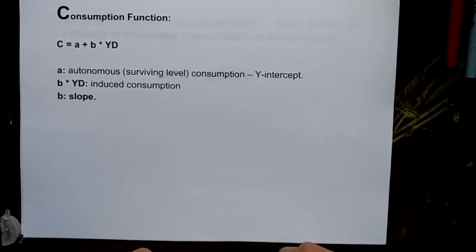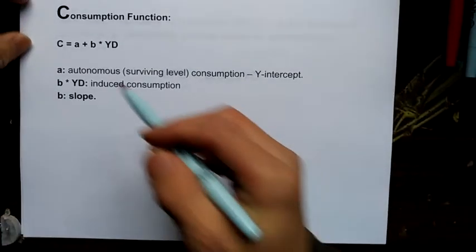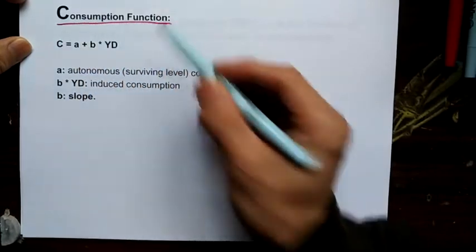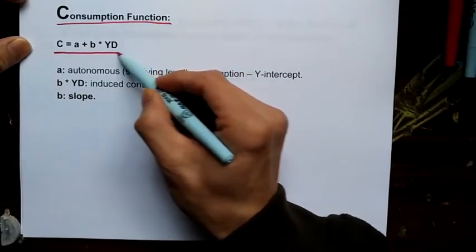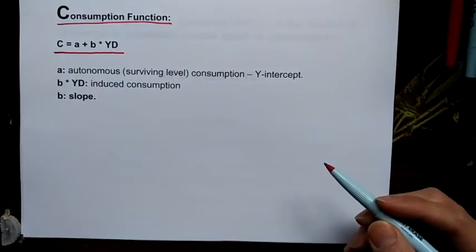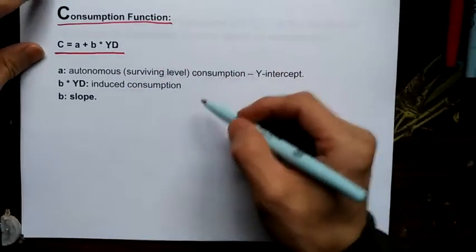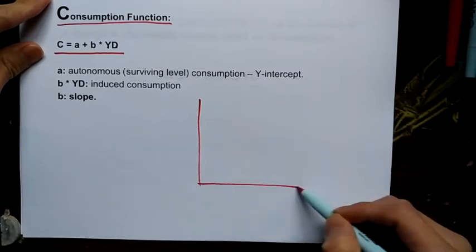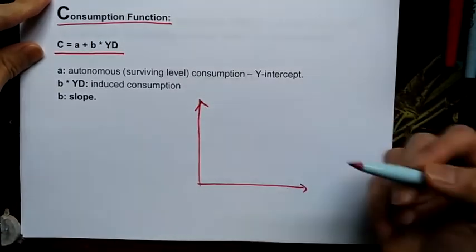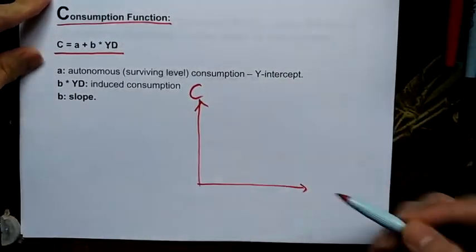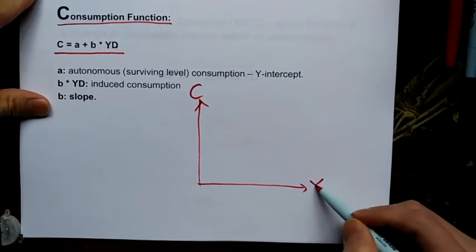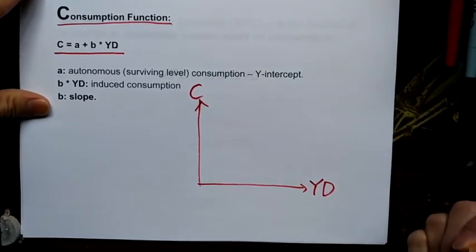With this understanding, if we write consumption function as C equal to A plus B times disposable income, then how do you draw the consumption function? Consumption function says consumption is a function of disposable income.